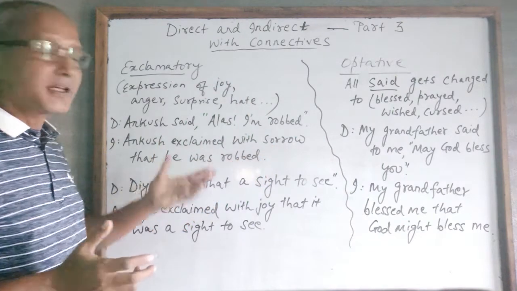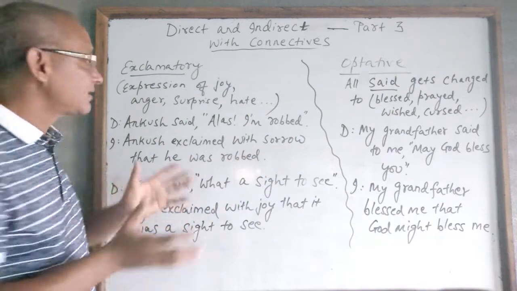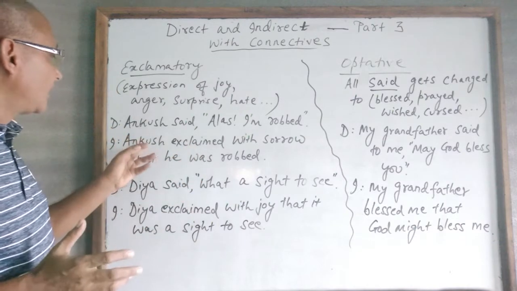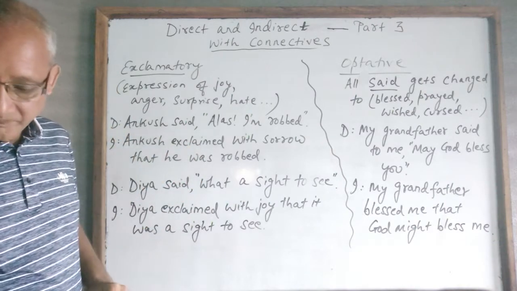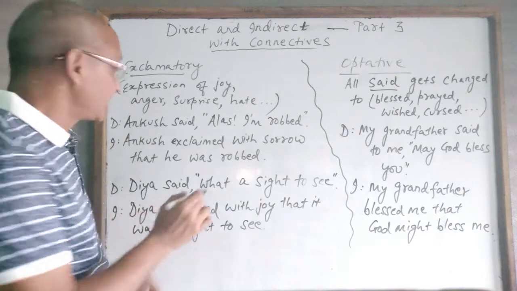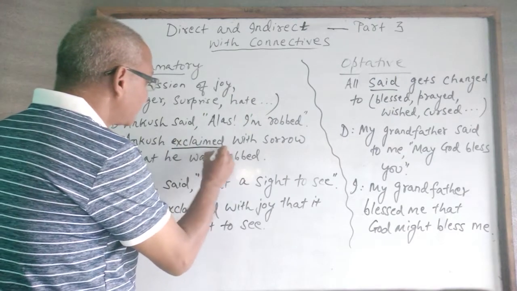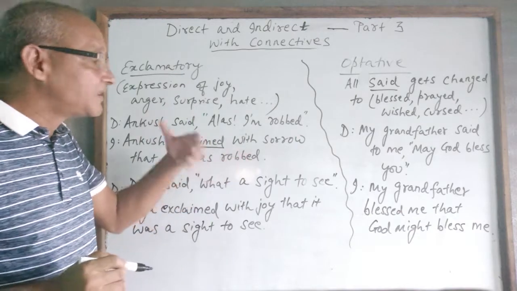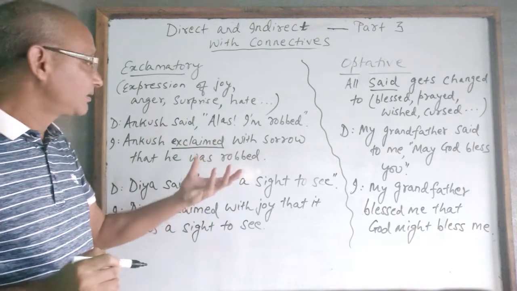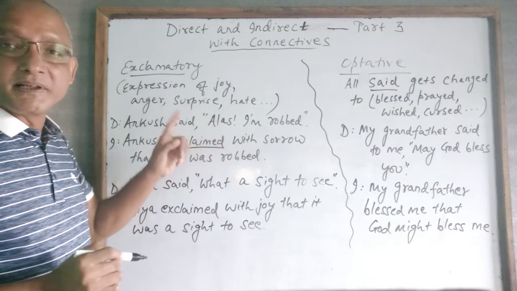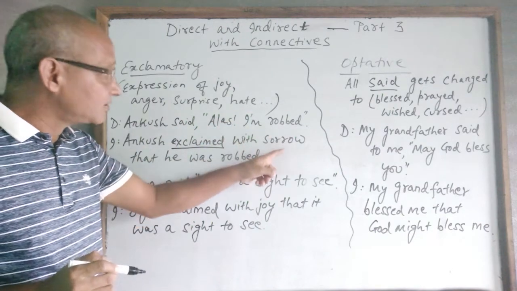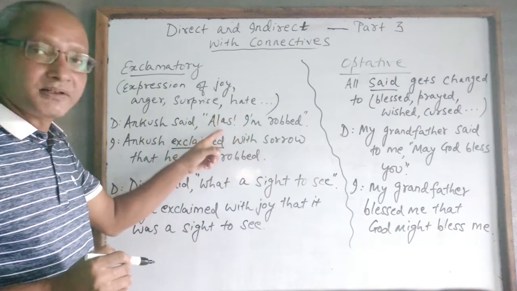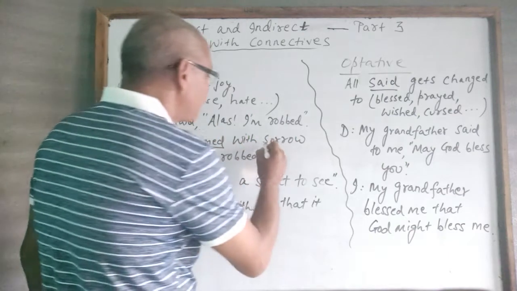He was unaware that he would be robbed. This is a surprise to him. So Ankush exclaimed. That's how we write in exclamatory sentences. He exclaimed with what? The degree of his feelings. If he was happy, it would have been another word here, but this is a sorrowful act, so we write sorrow.